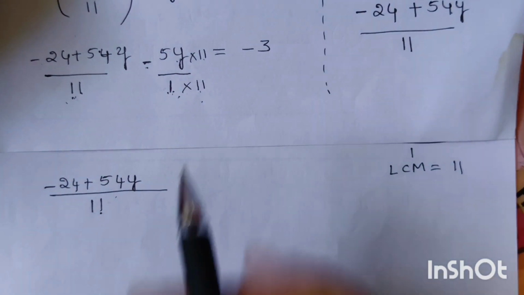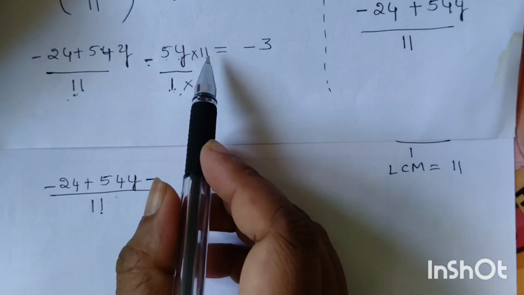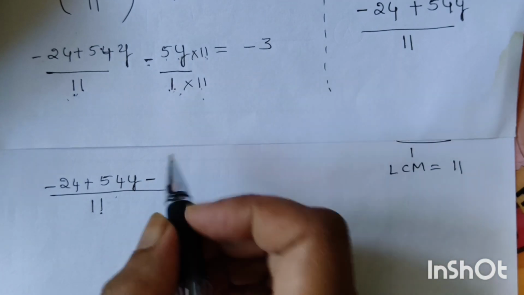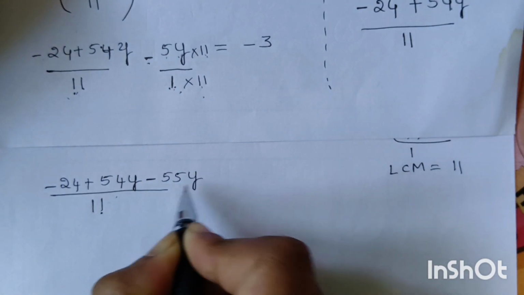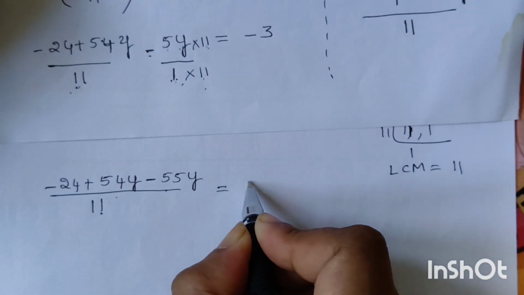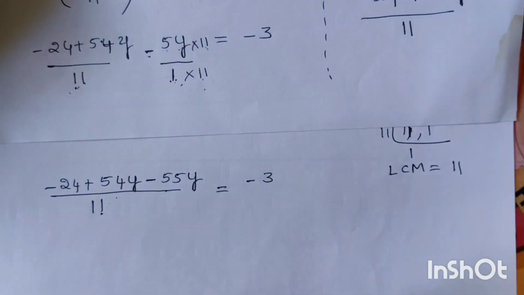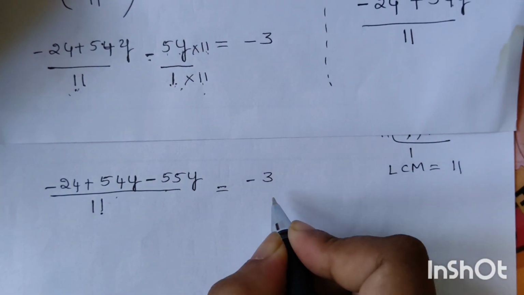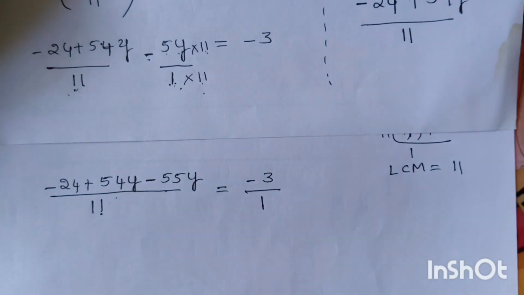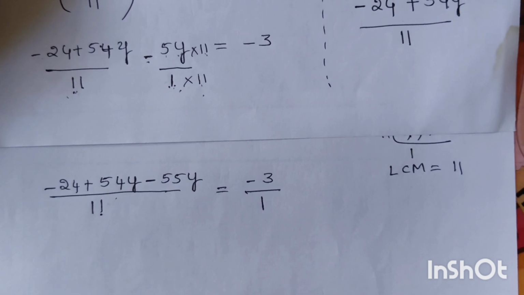For this minus, let me write minus 5 into 11 is 55 into y, 55y, is equal to minus 3. Here also nothing is in the denominator, meaning you can write 1. Now let us cross multiply.